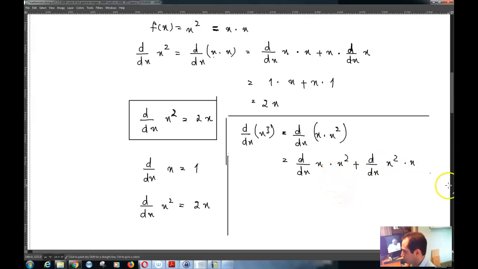No, let me write it the other way around, so I don't confuse you: x times d by dx of x squared, plus d by dx of x times x squared.